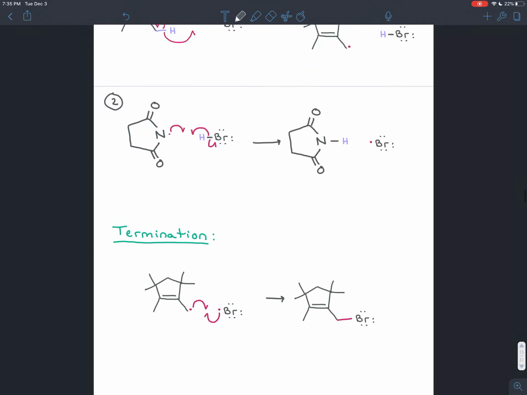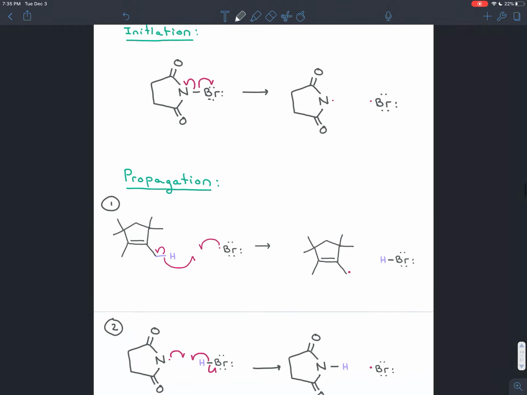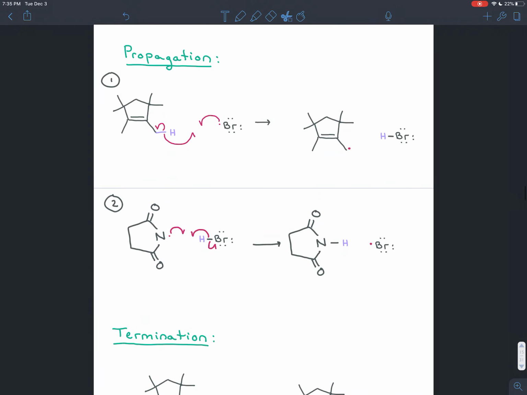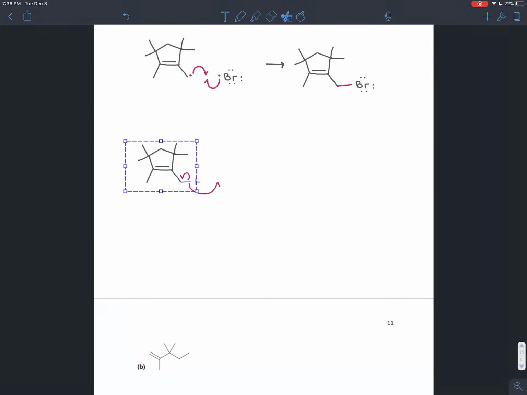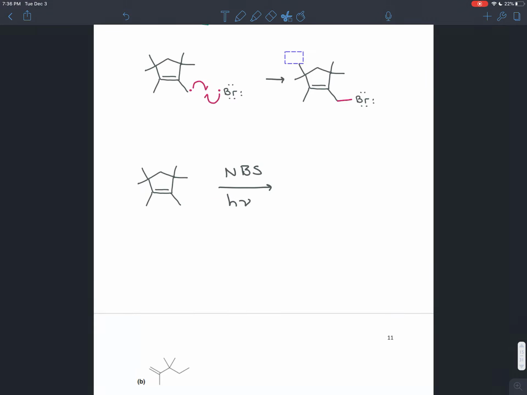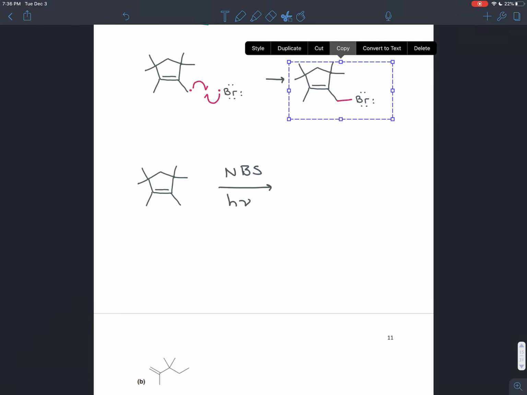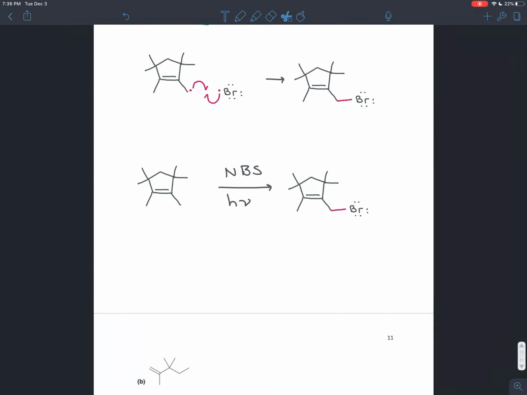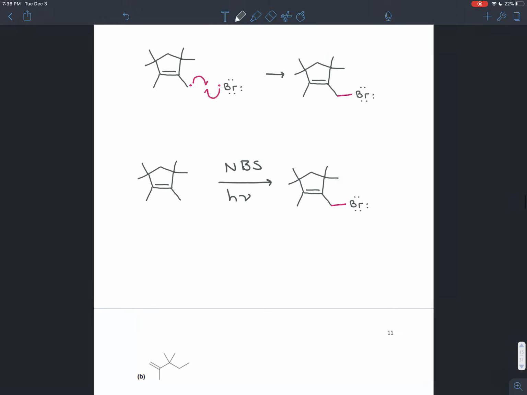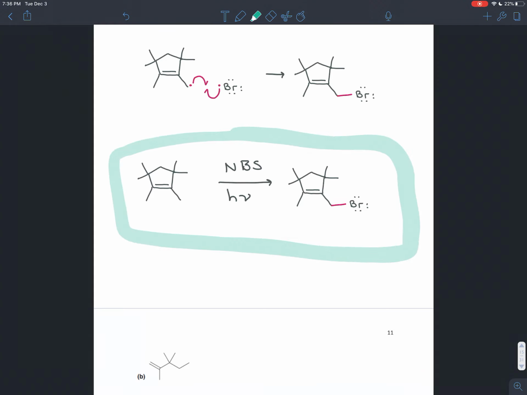Now, if you're just thinking of this in terms of synthesis, what you accomplish as you go from the very beginning to the very end, what we did was we took this carbon chain, we treated it with NBS and light, H nu, and what we got was a bromine on the allylic position, the position where the most stable radical would form. And so this is another way to think of this reaction from the perspective of synthesis.